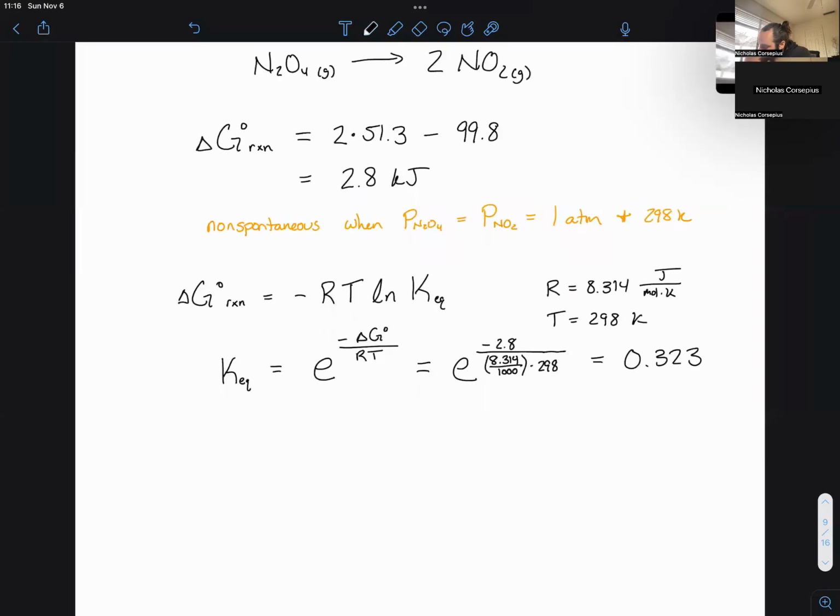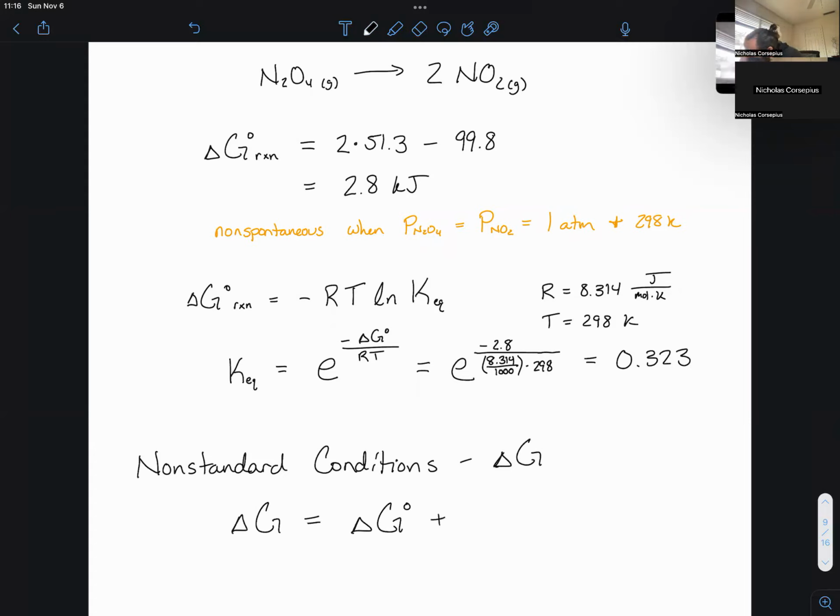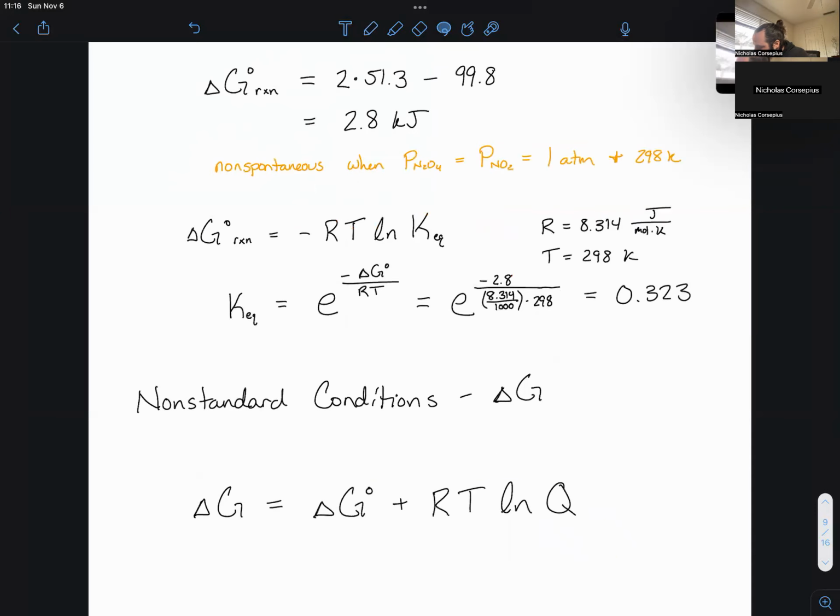So now how can we tell if a reaction is spontaneous or non-spontaneous at non-standard conditions? We need to take a look at delta G, full stop, like no knot on it, just the delta G. And the delta G is equal to that delta G naught of a reaction plus RT natural log of Q. All right, so this is going to be an important equation here.